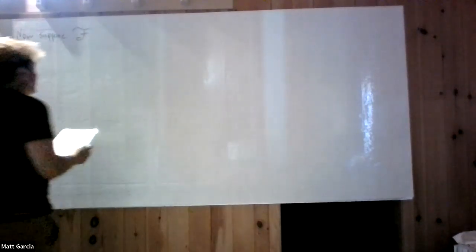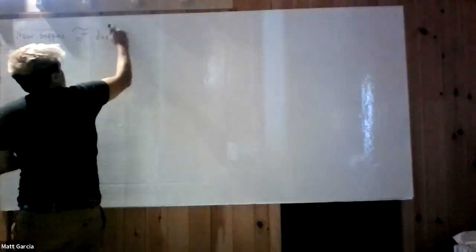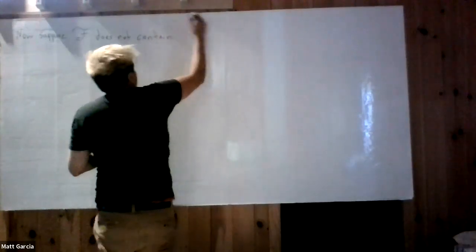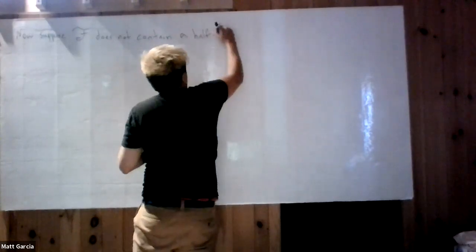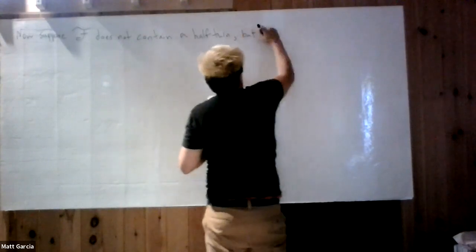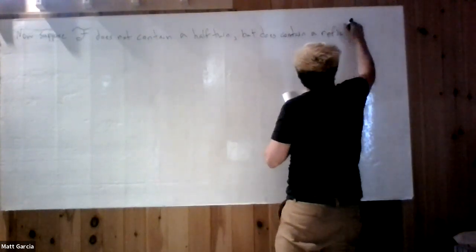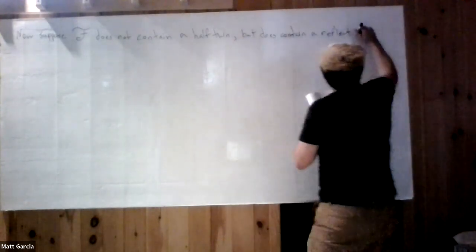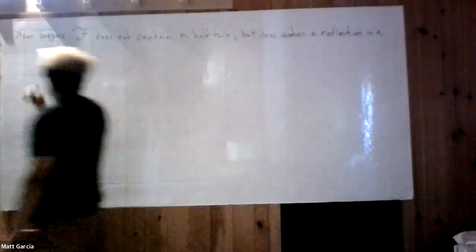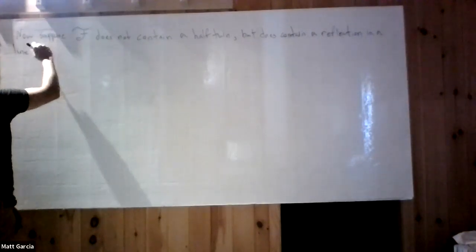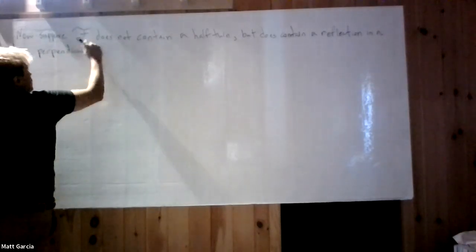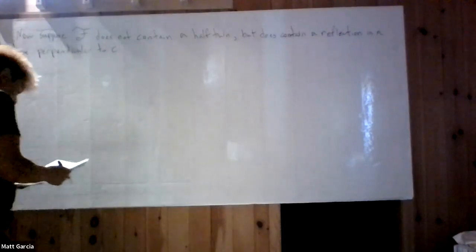So now let's suppose some Frieze group F does not contain a half-turn, but does contain a reflection in a line perpendicular to C.